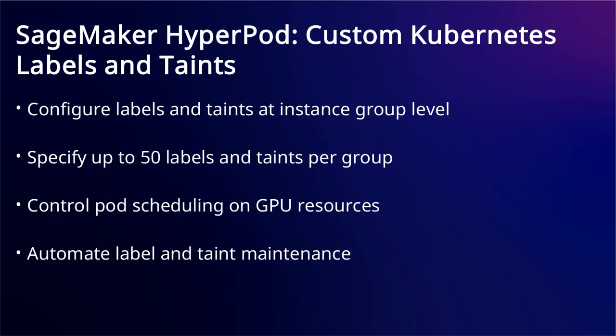This helps prevent non-AI workloads from consuming expensive GPU capacity. The system automates label and taint management across node lifecycle events, eliminating manual intervention and reducing operational overhead. This feature simplifies integration with existing Kubernetes setups and custom device plugins, improving resource utilization and workload placement efficiency.